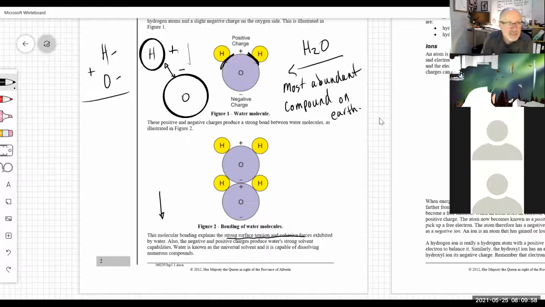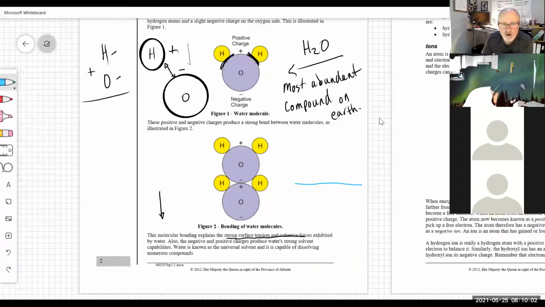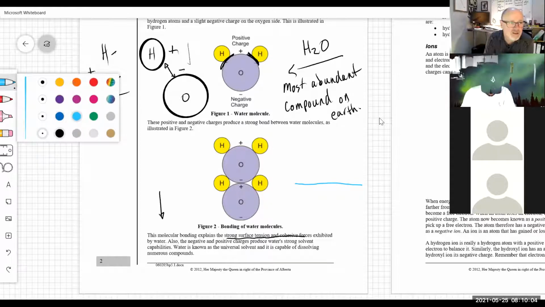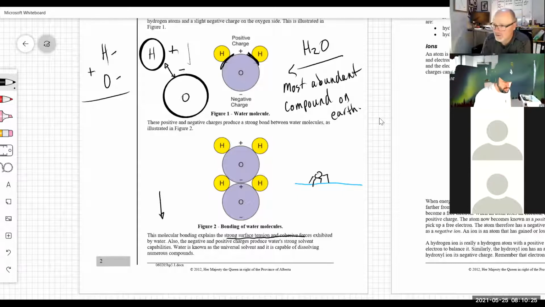You ever see out in the swamps, whatever, you have the water there, and then you have these little bugs with their little legs and they stand right on top of the water. That is a strong surface tension for that water. It's like when my wife makes gravy, you know, and you have that skin on top of the gravy after a while. That is a strong surface tension.